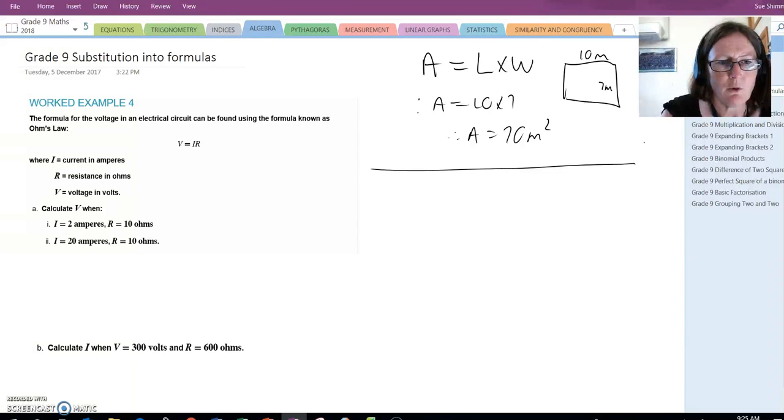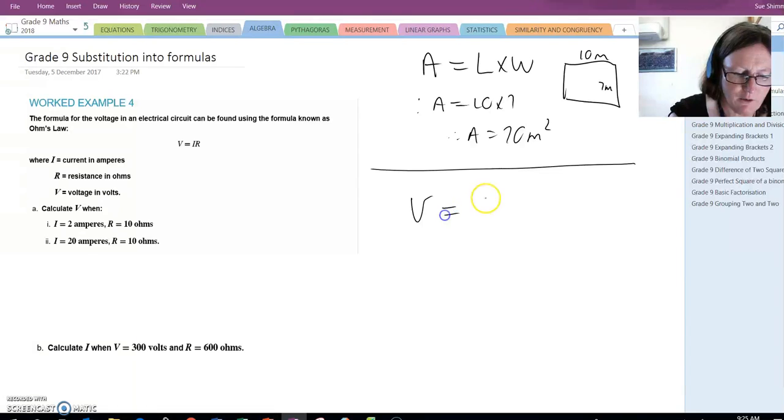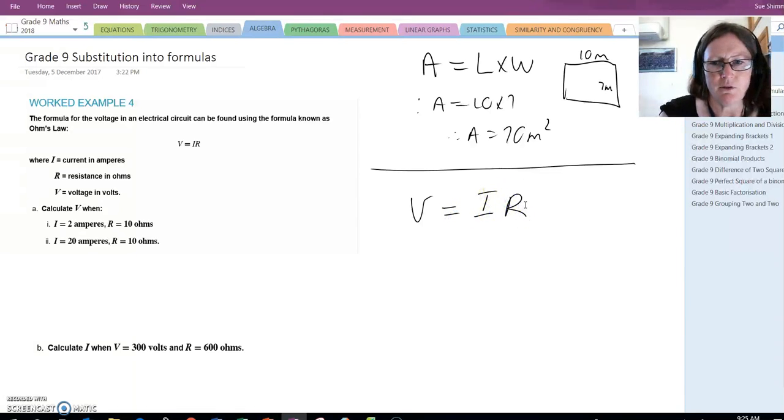The formula for the voltage in an electrical circuit can be found using the formula V equals IR. V is voltage in volts, I is the current in amperes, and R is the resistance. It asks us to find V if I is 2 and R is 10.